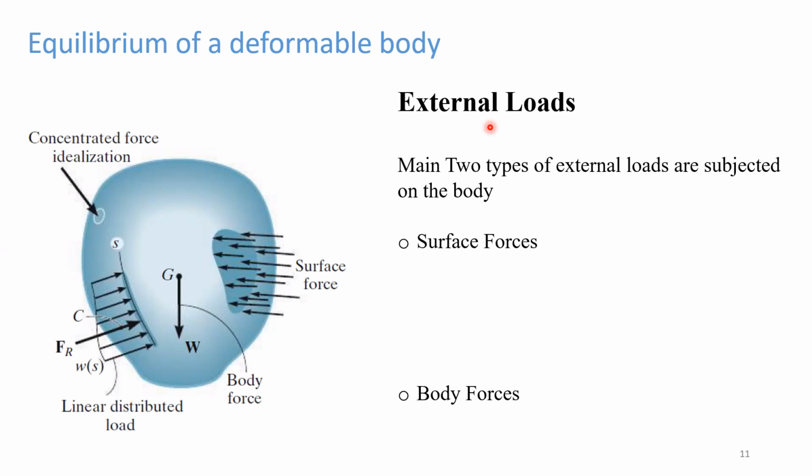But here it's not like that. Once we go to another planet like Mars, Jupiter, Saturn, the body force will vary depending on the gravity, and sometimes it may come from magnetism.